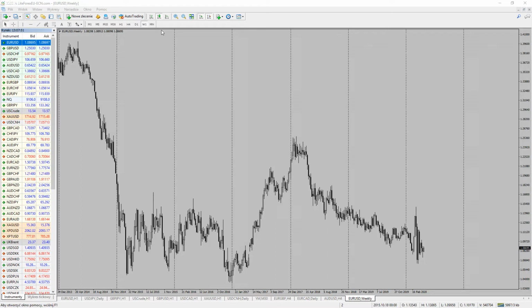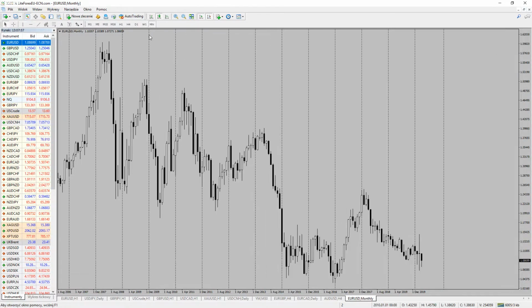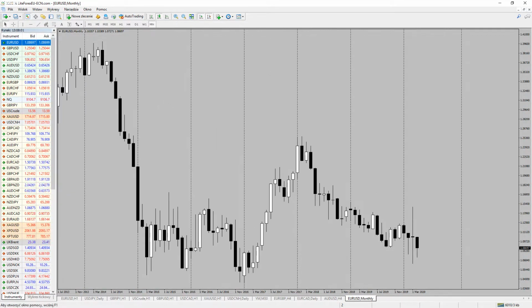Okay, let's start with the biggest time frame. It's time to check where we are from a higher time frame perspective, for example the monthly chart. If we take into consideration that it was a negative candle when it comes to the first quarter, more or less something like this, a high wave candle, we can say.